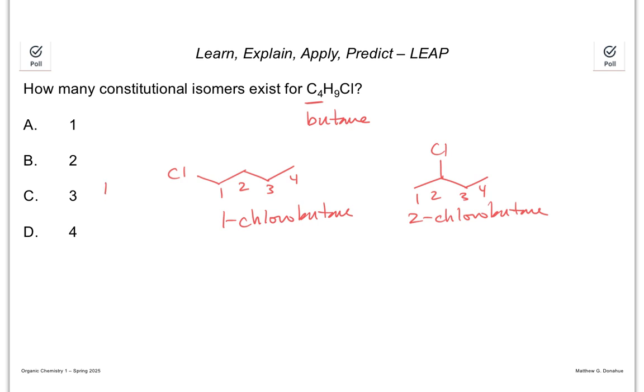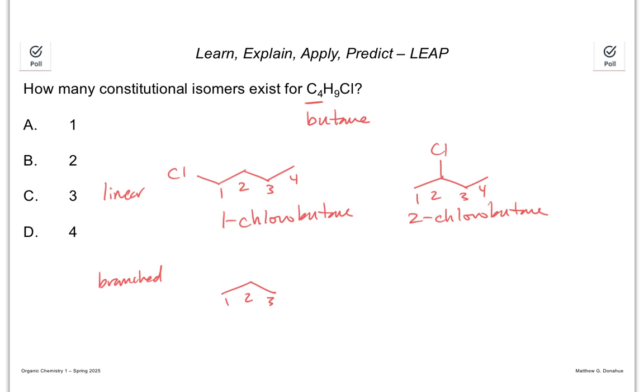I'm calling those linear, where all the carbons are in a line, but then we can have branched. And these would be propane derivatives now. So we have a methyl group and a chlorine to put in.